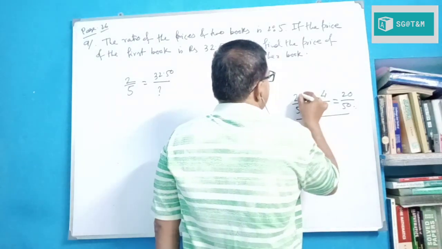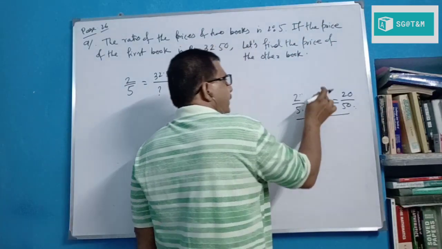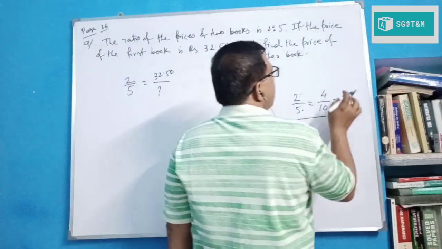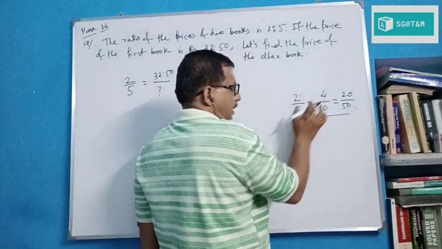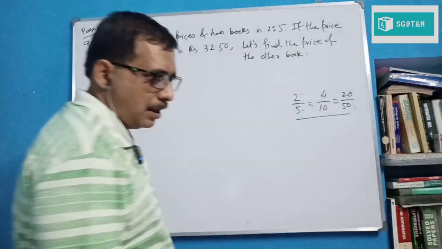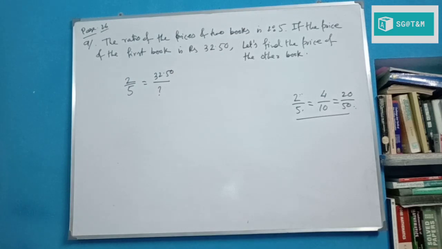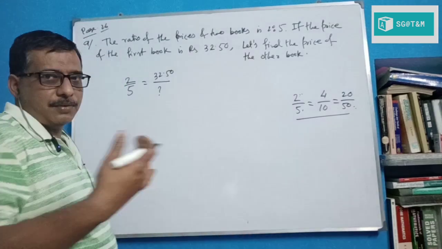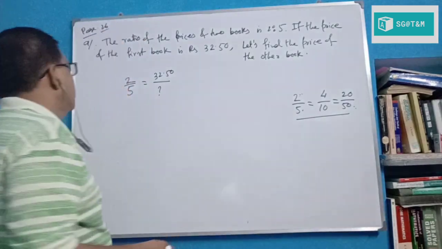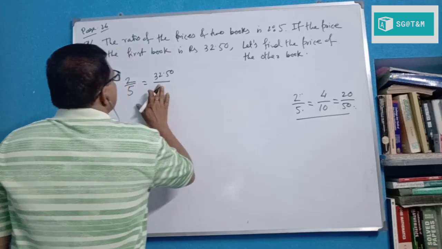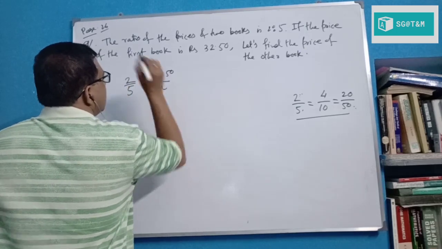In this case, if we multiply numerator by 2, then you get this one. If we multiply numerator and denominator by 10, then you get that one. So the ratio will be the same. We have to find out this way, or in another way also. First we find it this way.